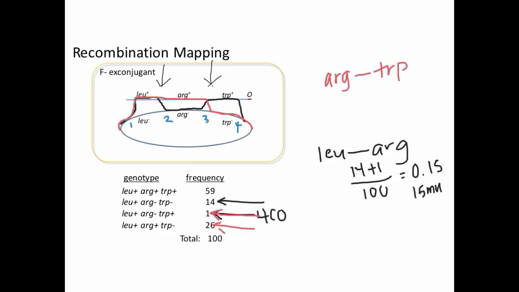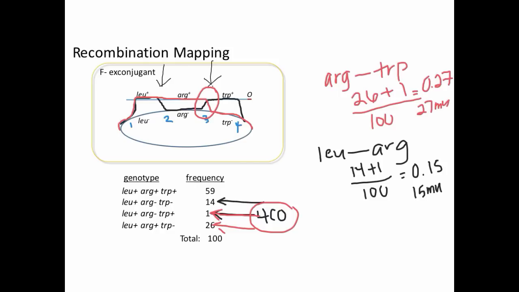Okay? So then we would add those up, 26 plus 1. This 1 again is coming from the 4 crossover, where we know there had to be a crossover between Arg and Trp, divided by the total, so 27 map units.